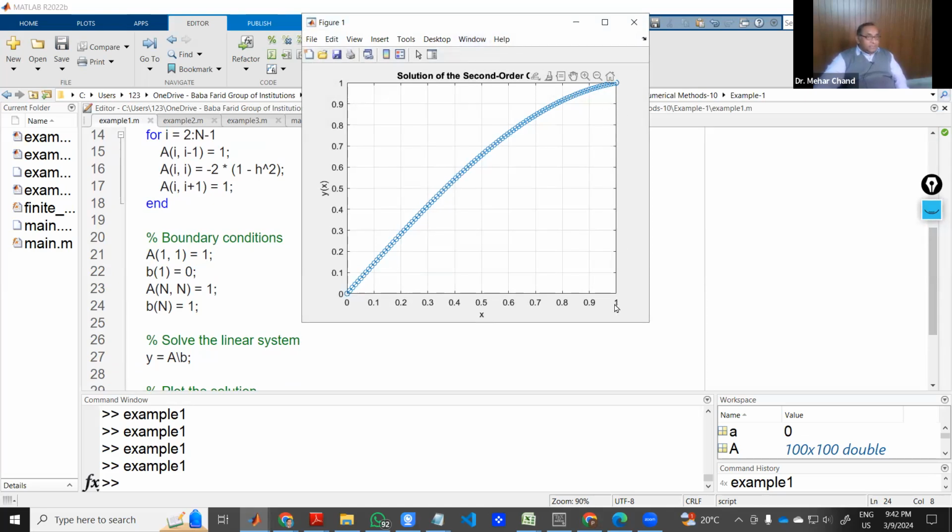When we have x is equal to 1, y is 1, and when we have x is equal to 0, y is also 0. So on the left hand side, x 0, y 0, and on the right hand side we have x equal to 1, y equal to 1. So this is the correct answer, and you can compare. All these intermediate values have been computed, and you have the required solution.